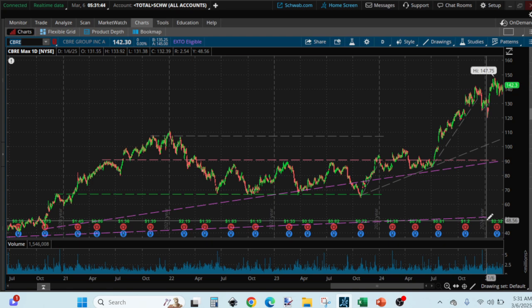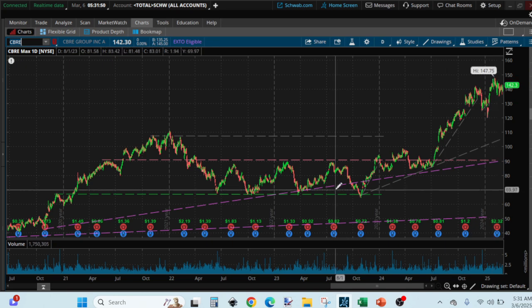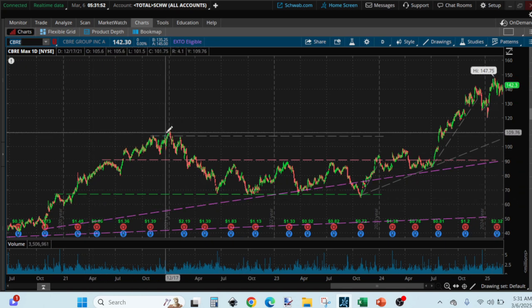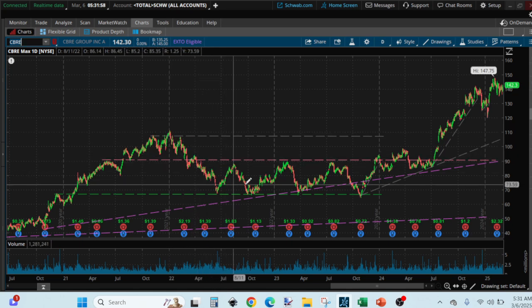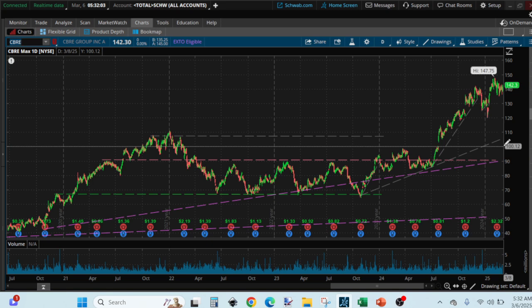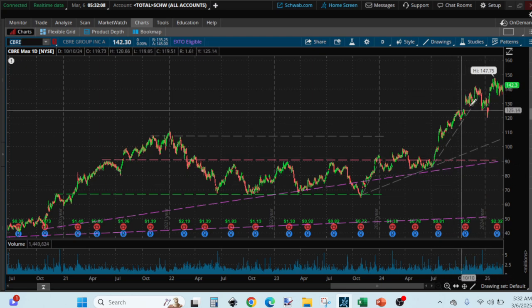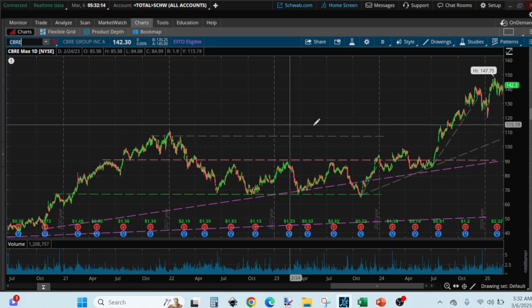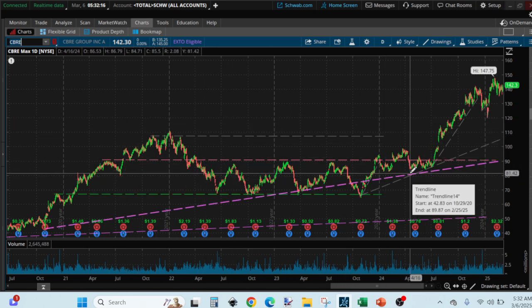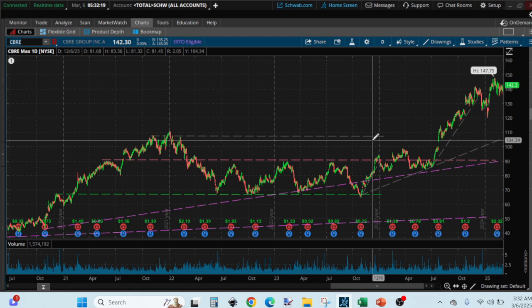We don't know, but we'll just keep observing it. But if it reaches a peak here and repeats the same pattern, it could well be around this area. Therefore, it will have some way to go before it starts going sideways here, if it is going to repeat the pattern. So that's how we use the maximum daily chart, by comparing the current pattern that the price is showing to the previous one, to see if there is some similarity that we could use to help us make our buying or selling decisions.